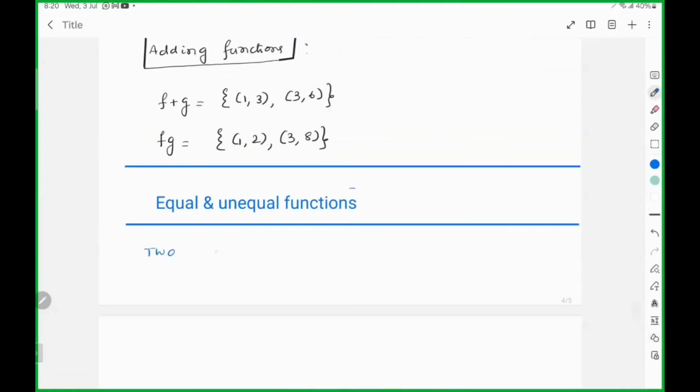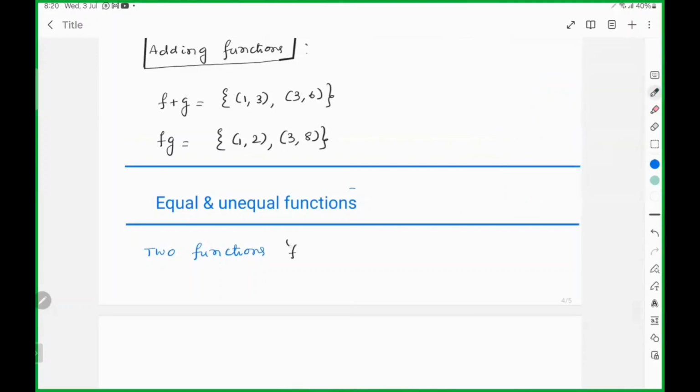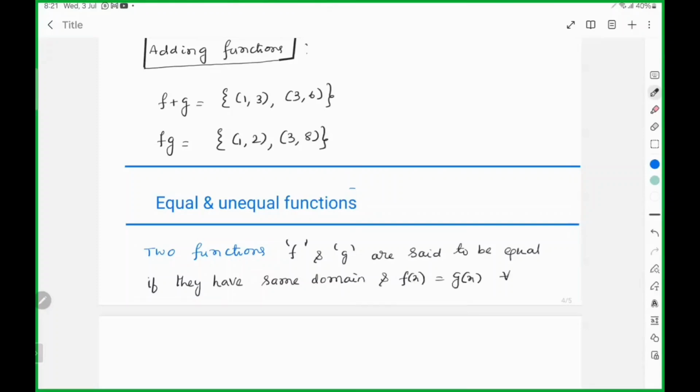Two functions f and g are said to be equal if they have the same domain and their functional values are equal for all x belonging to the domain.